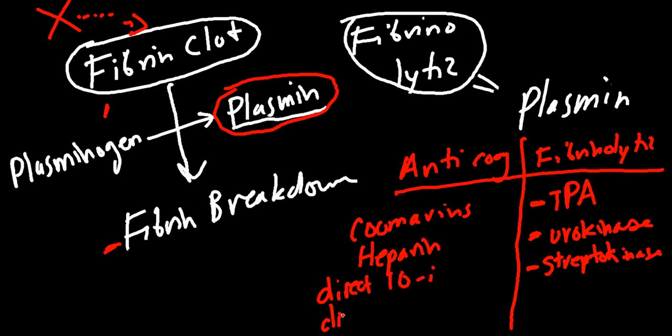You'll also have direct factor 2 inhibitors. There are more. These are some of the main ones that I just wanted to point out. So anticoagulatives are going to be your coumarins, your heparins, your direct factor 10 inhibitors and your direct factor 2 inhibitors.